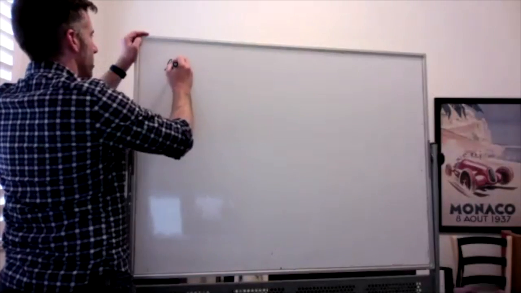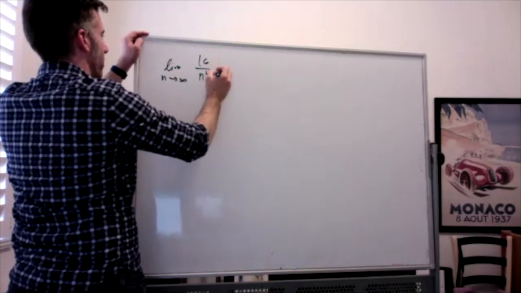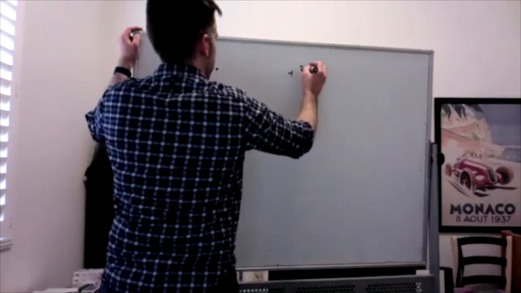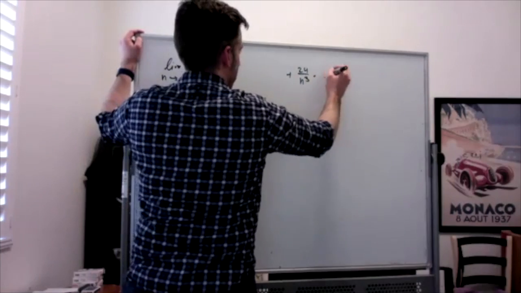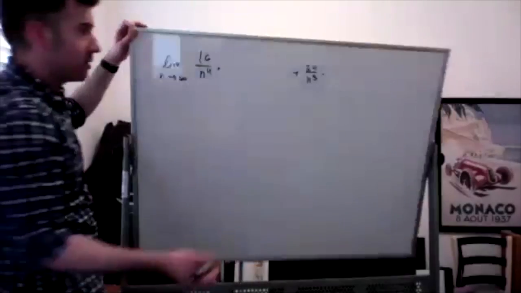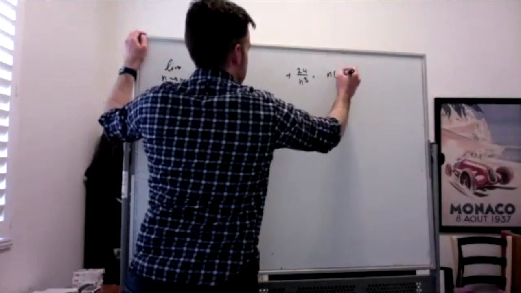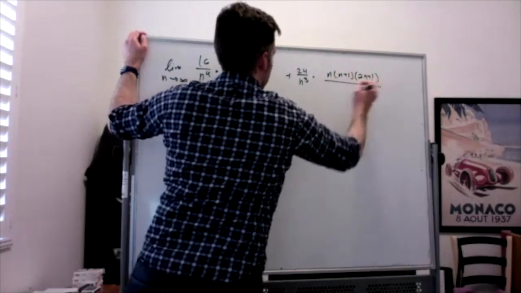So limit as n goes to infinity of 16 over n to the fourth times, I'm going to fill that in in a second, and then plus 24 over n cubed times the sum of k squared, which we know is n times n plus 1 times 2n plus 1 over 6.